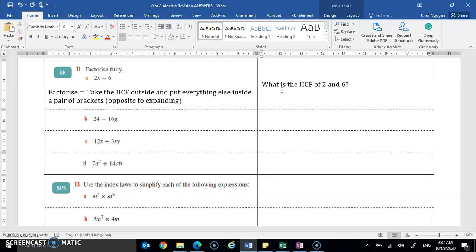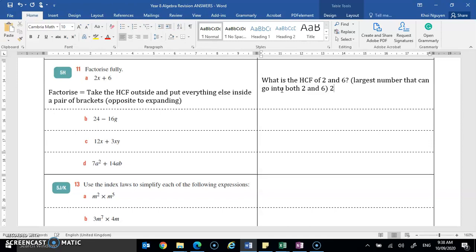You probably can already figure out that the largest number that can go into both 2 and 6 is going to be 2, and that's just from knowing the timetable.